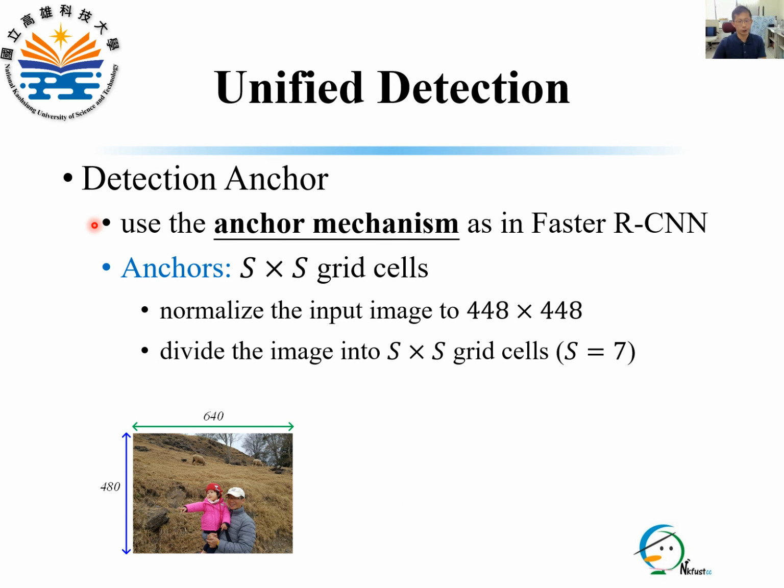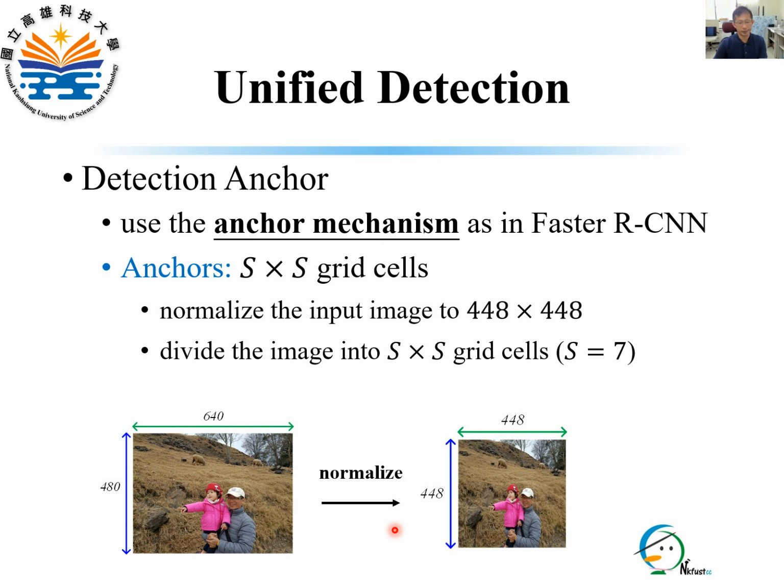For object detection, YOLO v1 uses the anchor mechanism as in Faster RCNN. The anchors defined in YOLO v1 are S by S grid cells.